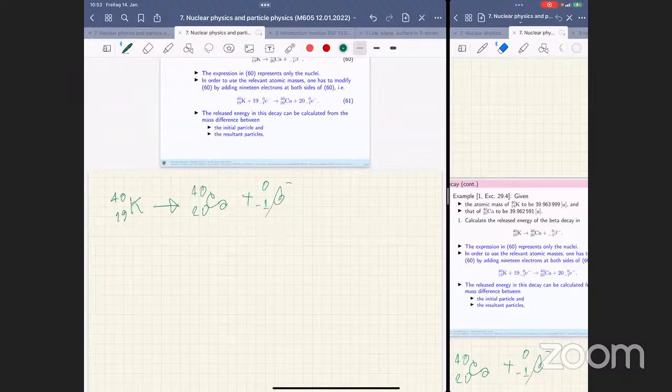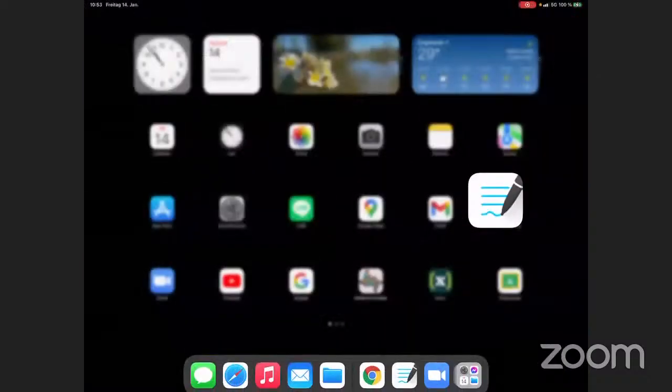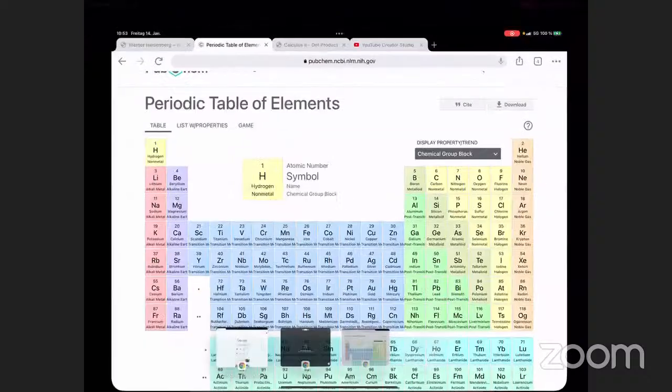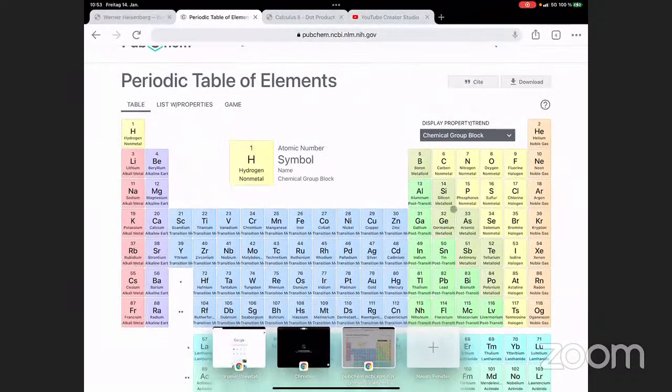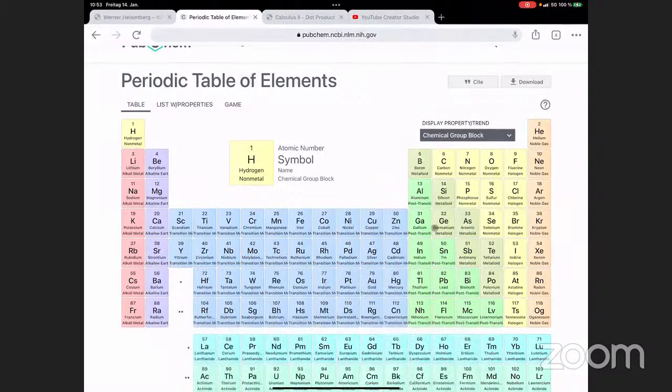Where is potassium? We may go to the chemistry table of elements. Potassium, 19, is here. Okay. Neutron is converted to proton, right?